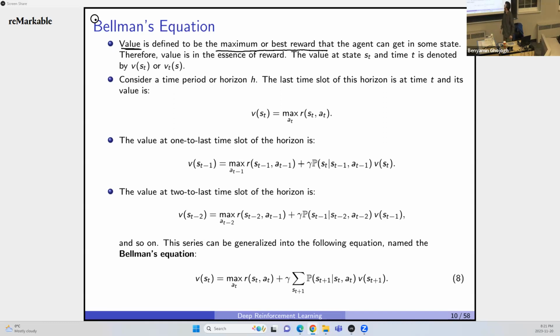Okay, now consider the horizon. Now I want to come backwards from the end of the horizon until now. Why is it easier to do backwards analysis? Because when you do backward analysis, at the end, you know what happened. For example, you play chess, and at the end, you know you won, you lost, or it was a draw.